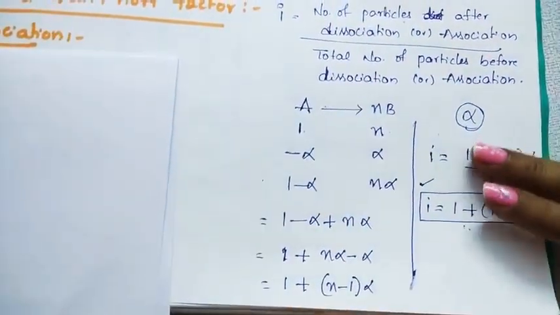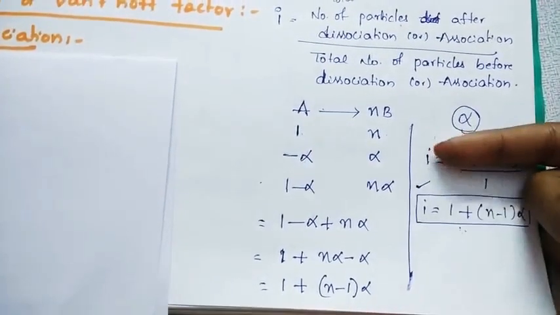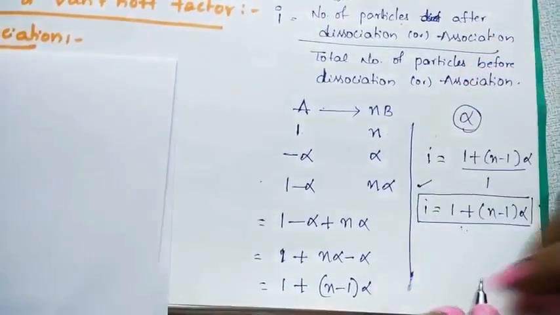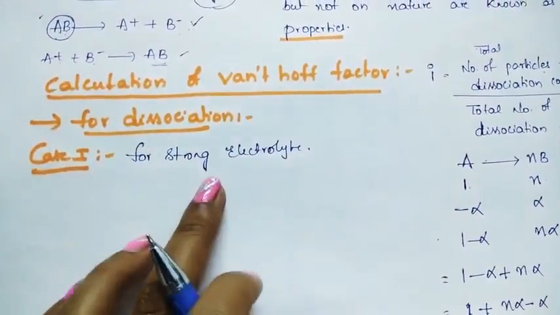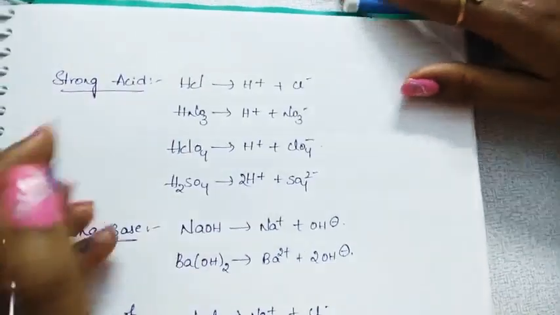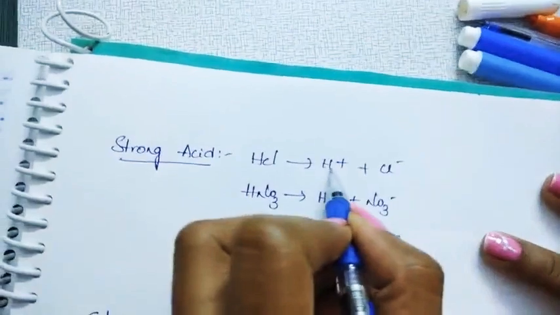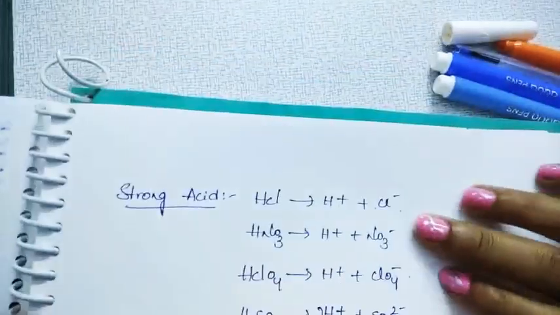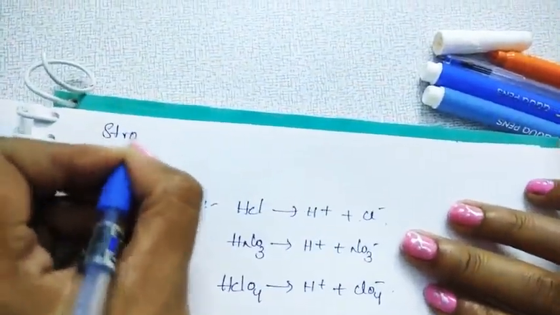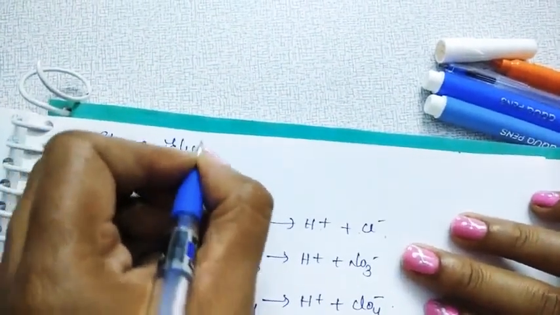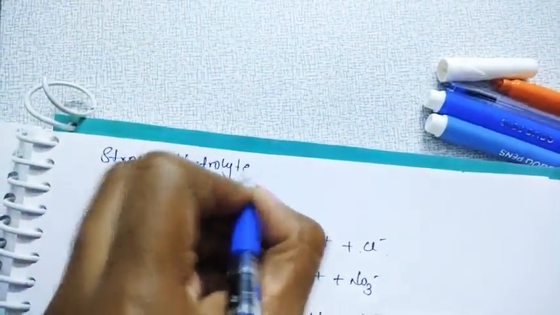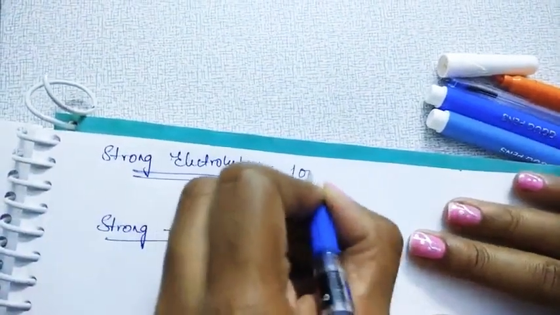Let us discuss two cases under dissociation. One is for a strong electrolyte, another one is for a weak electrolyte. Case 1, for strong electrolyte. To save time I wrote it here. If it is a strong acid like HCl, it is dissociated into H+ and Cl-. What do you mean by strong electrolyte? A strong electrolyte is the case where it undergoes complete ionization. 100% is the ionization.